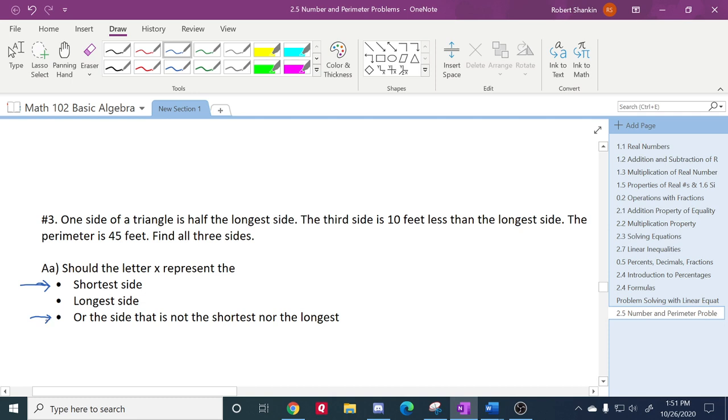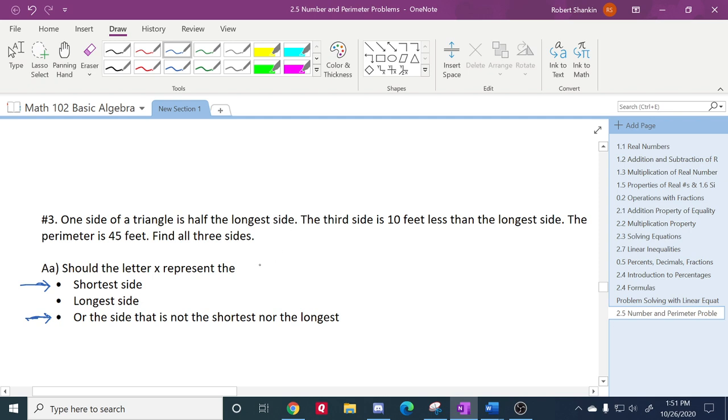All right. Well, this is very interesting. I love it when the correct answer is the only one that wasn't chosen. And so it's very important that we're looking at this. All right. What should the letter X represent?